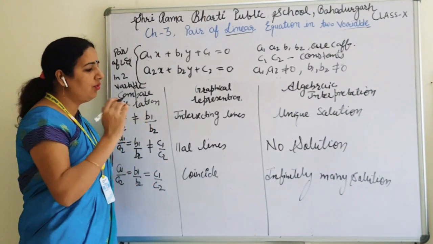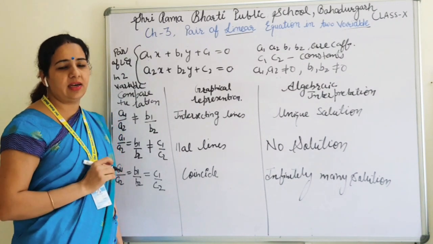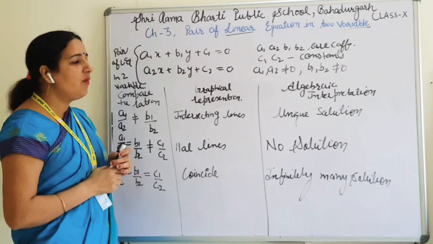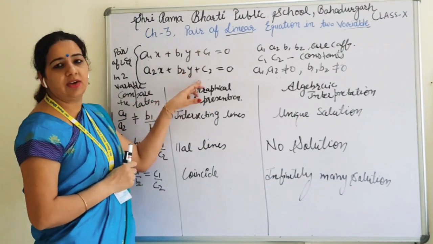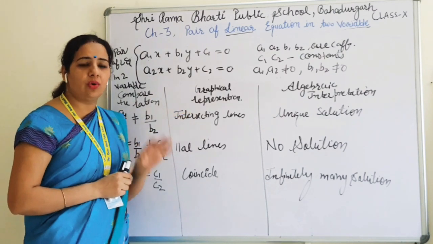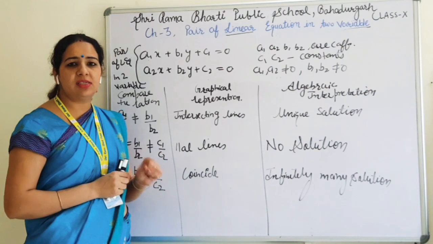And two more words are there, students: consistent and inconsistent. Now what is the meaning of consistent and inconsistent? Whenever the pair of linear equations has solutions, then it means the system is consistent.